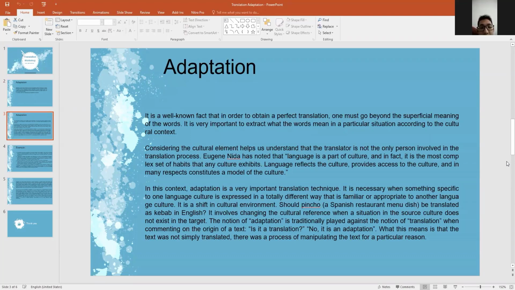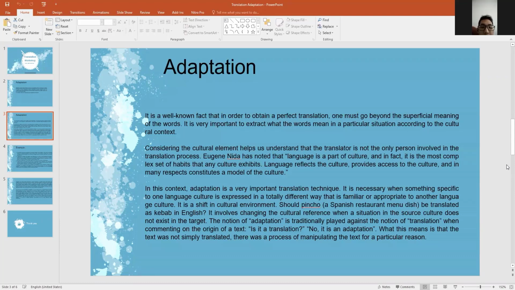It is very important to extract what the words mean in a particular situation according to the cultural context. Considering the cultural element helps us understand that the translator is not the only person involved in the translation process.